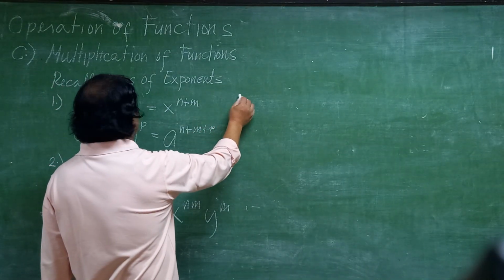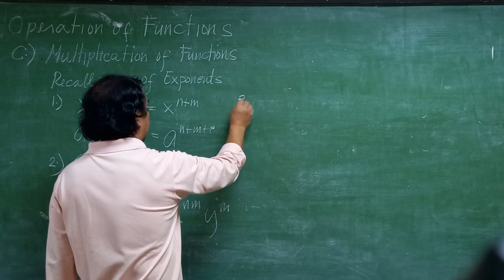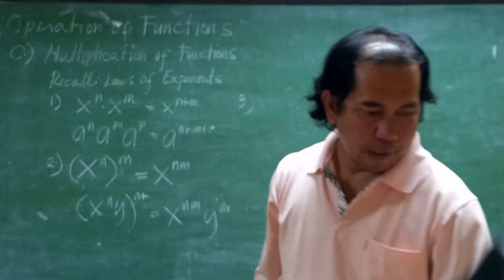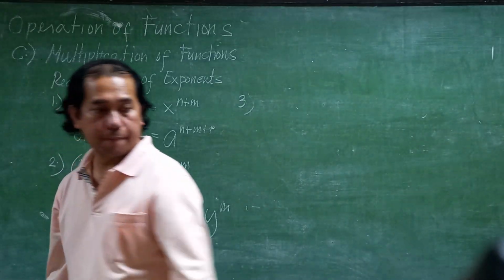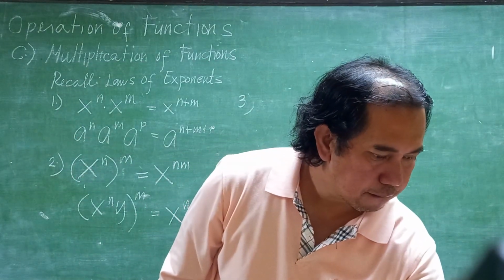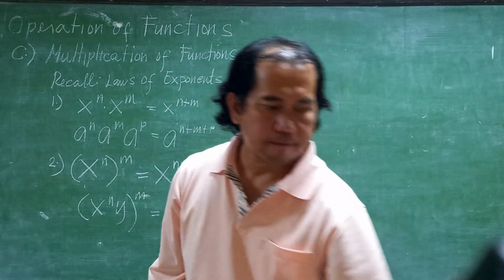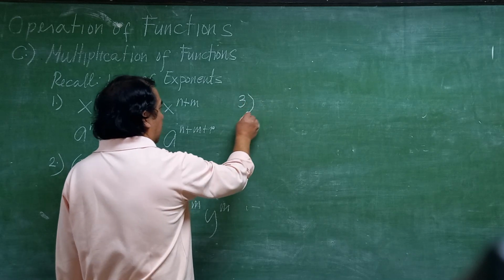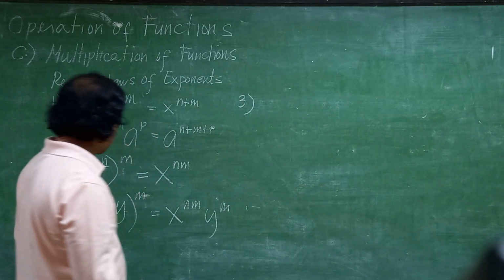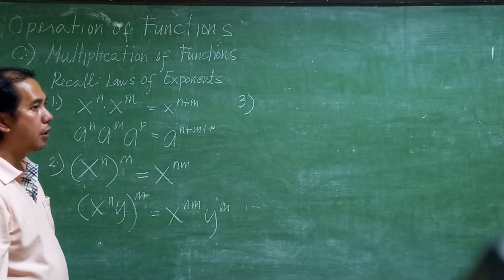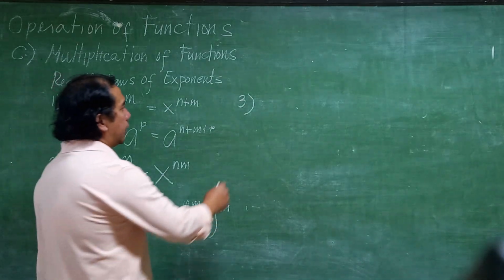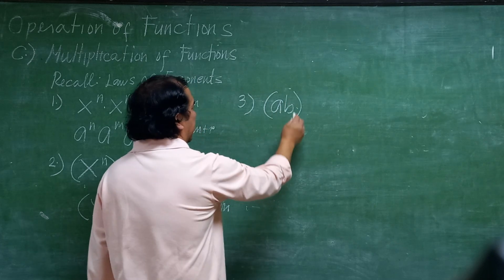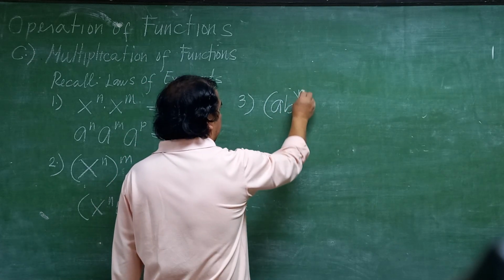Another law of exponents is our number 3. For our number 3, we consider the quantity a times b raised to an exponent, shall we say n.